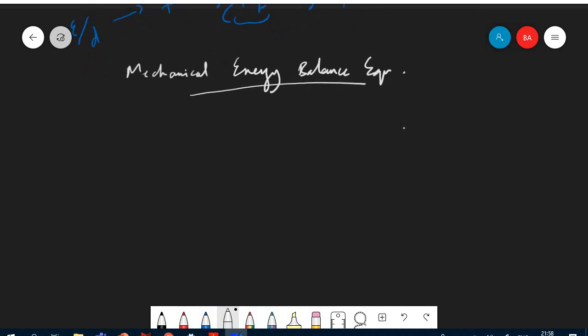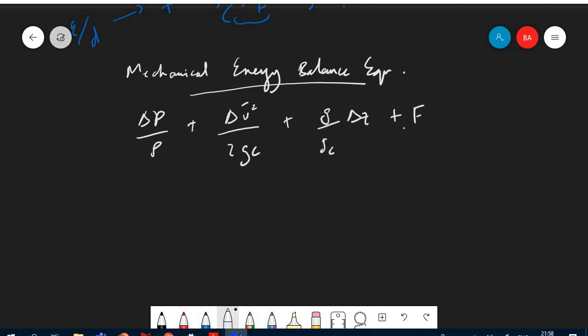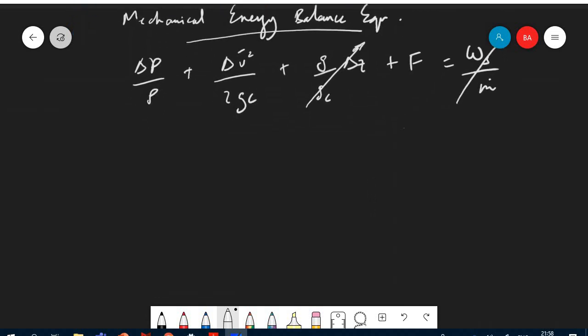I have the delta P over rho plus the delta U square over 2GC, plus g over gc multiplied by delta Z, plus the friction factor, and this is over the mass flow rate. Of course, there's no shaft work here, and this is horizontal, so this becomes simple.